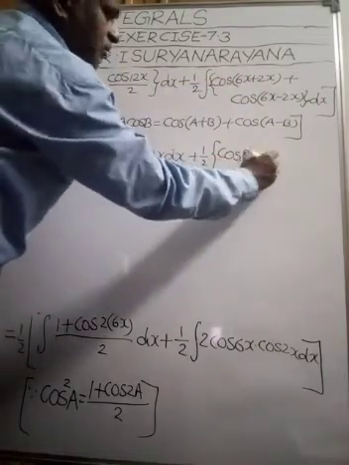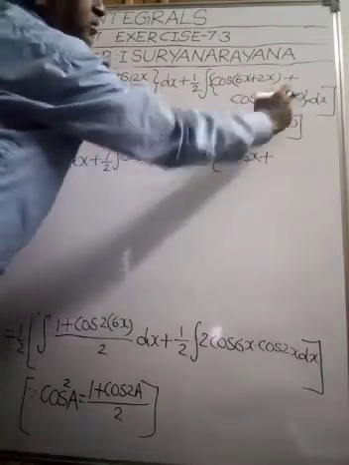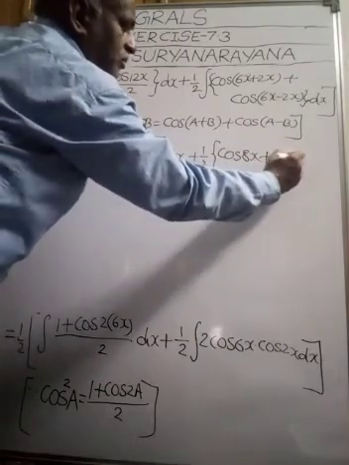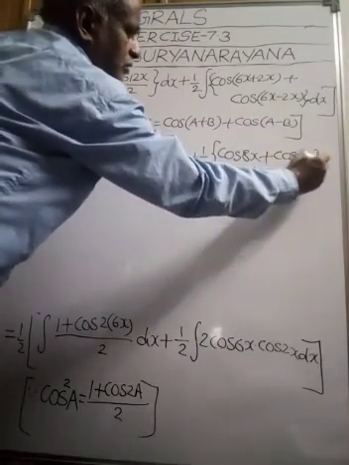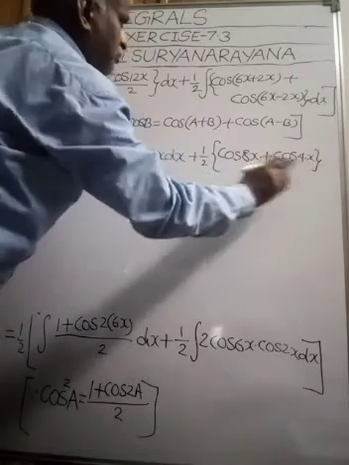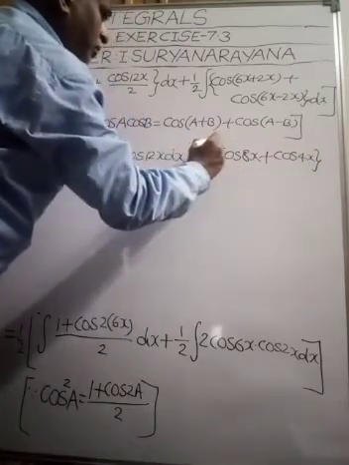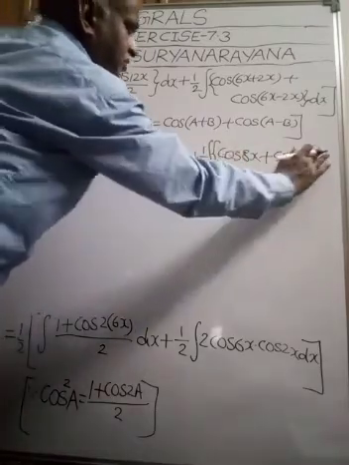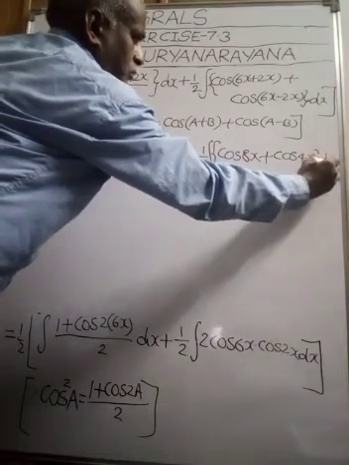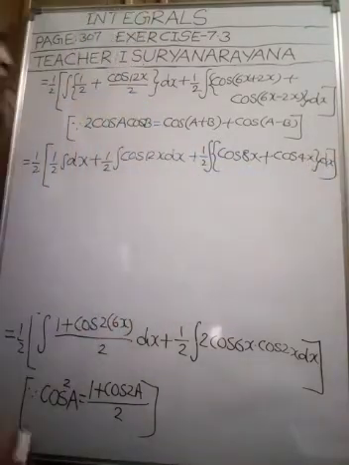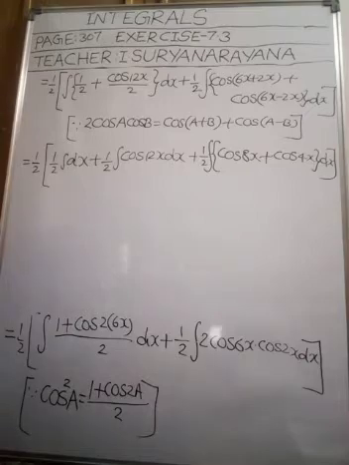Understood this term, my children? Right. Plus cos of 6x minus 2x. What will you get? 4x. Cos 4x dx. Understood this step, my children?